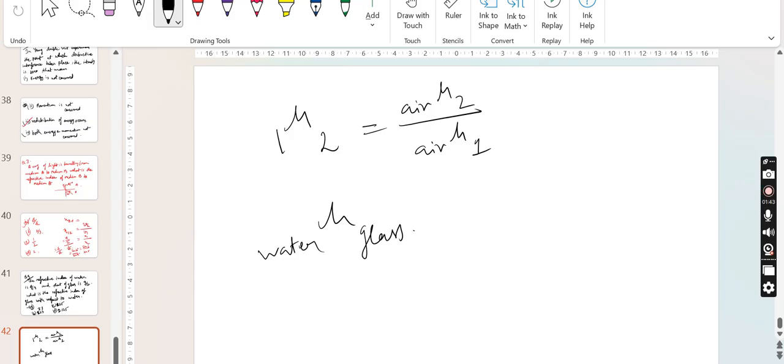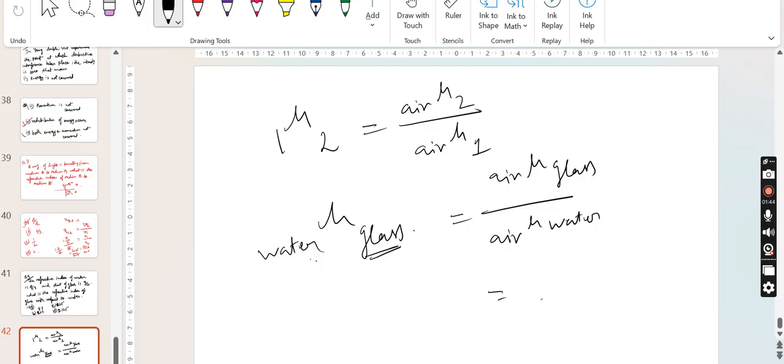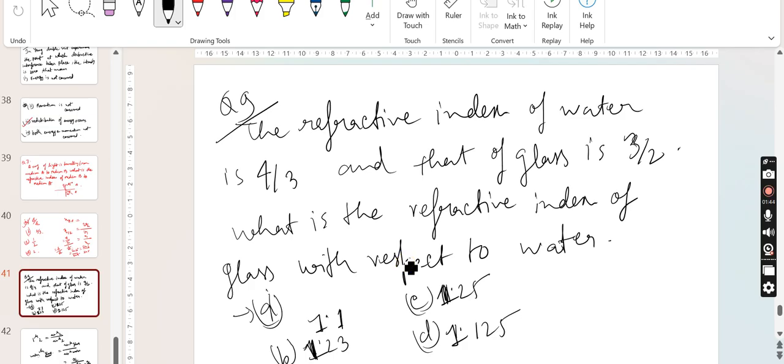We need to obtain the refractive index of glass with respect to water. So that will be 3 by 2 divided by 4 by 3. So 9 by 8, that is 1.125. This is the answer.